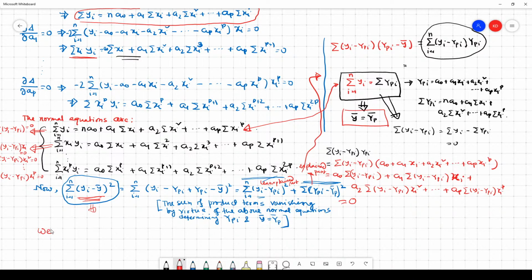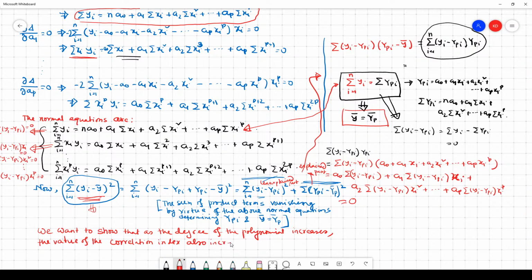Now our next task is we want to show that as the degree of the polynomial increases, the value of the correlation index also increases.